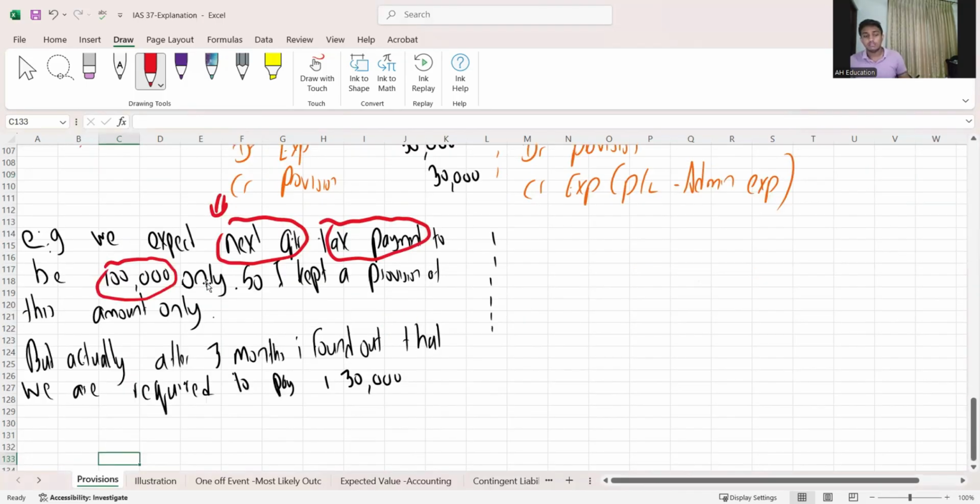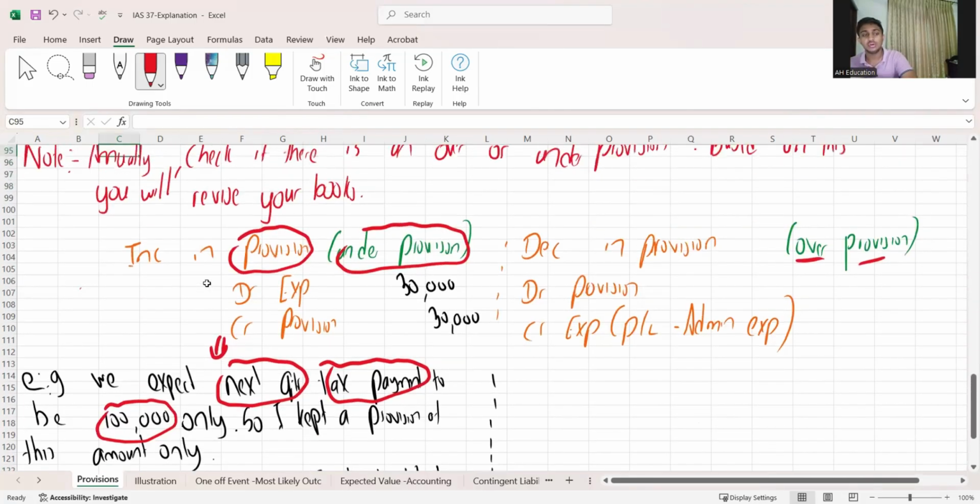Why? Because actually we had to create a provision of 130,000, but since we had a wrong judgment or a wrong estimation, we only provisioned for 100,000. So can you see here? There is an under provision of 30,000, right?